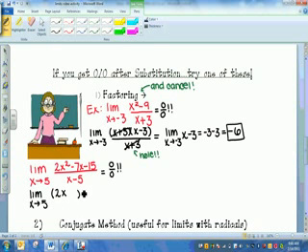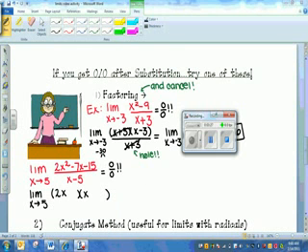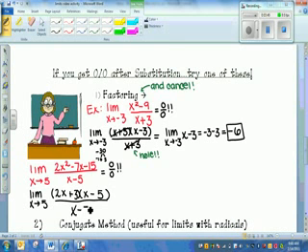So I know the numerator needs to factor to something like this, and it's 2 factors of -30 that need to add to give me 7. Which is what? -10 and 3. So when I factor this, notice how the x minus 5's cancel.